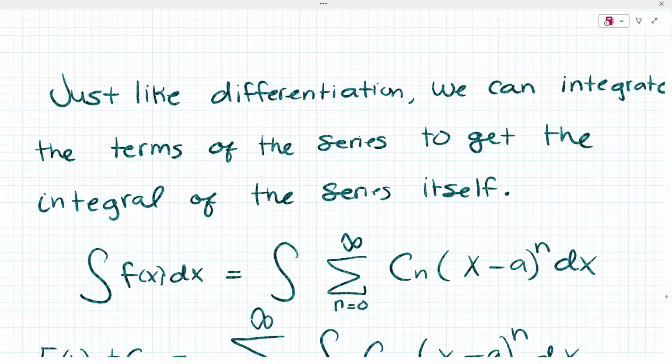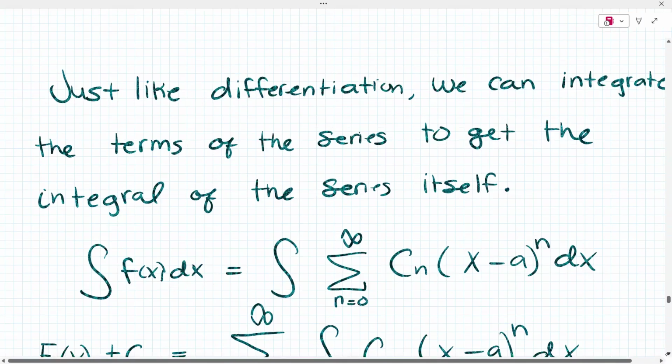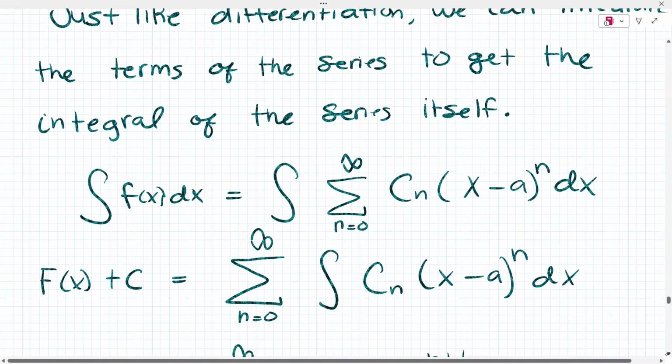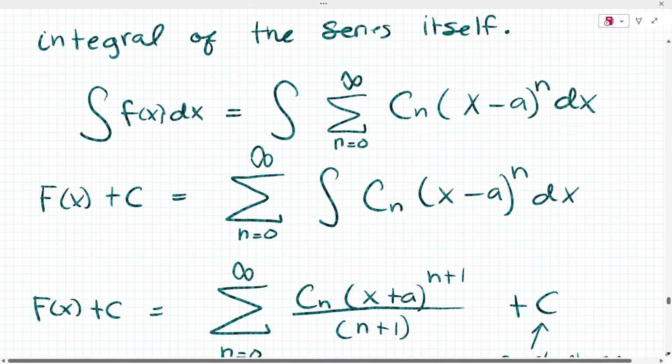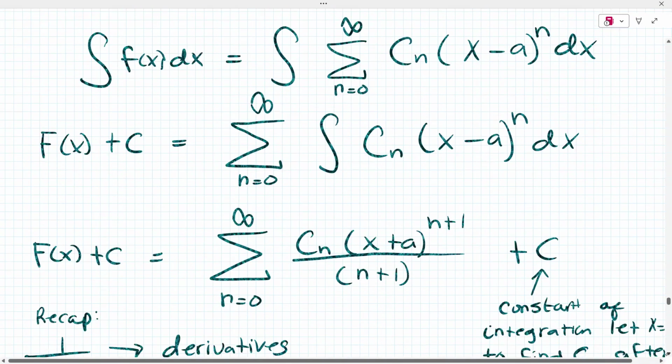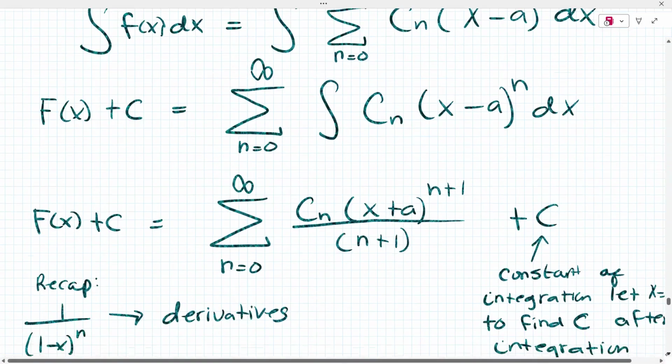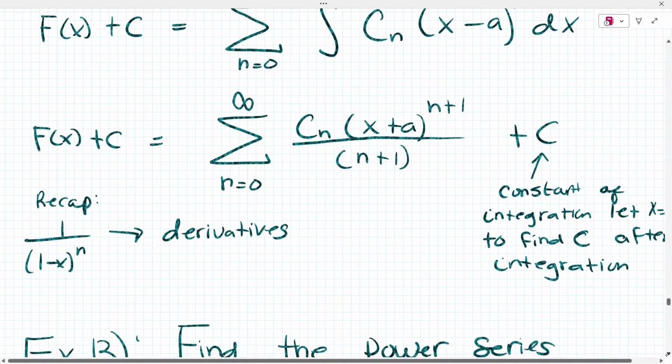So the integral of f of x dx is the integral of the summation of n equals 0 to infinity of Cn times x minus a raised to the n dx. And then big F of x plus C equals the summation of n equals 0 to infinity of the integral of Cn times x minus a to the n dx. If you need to break this all down, it's fine, but I'll do an example.